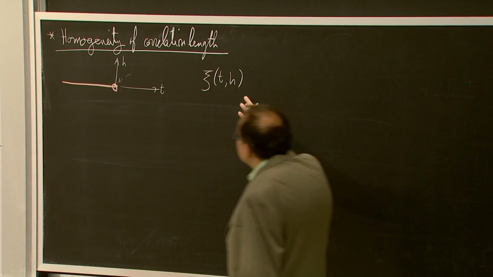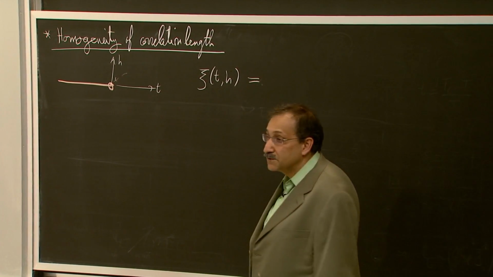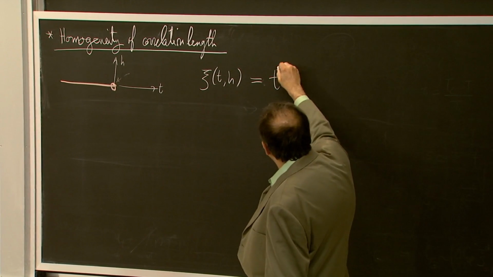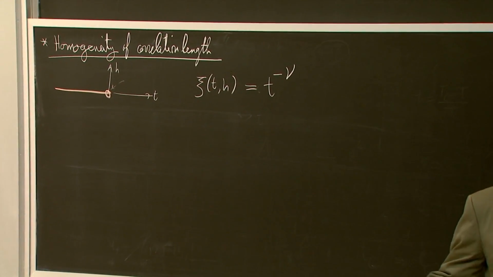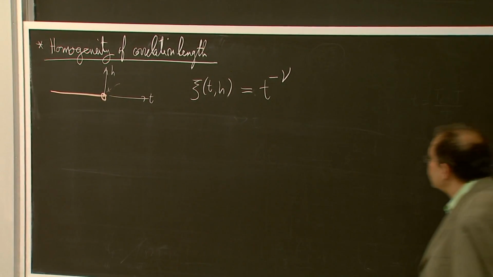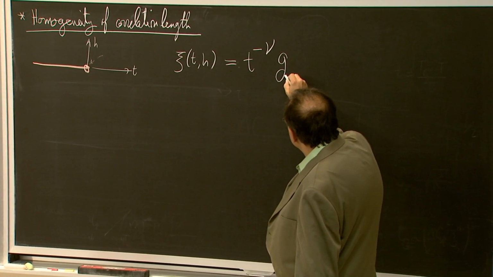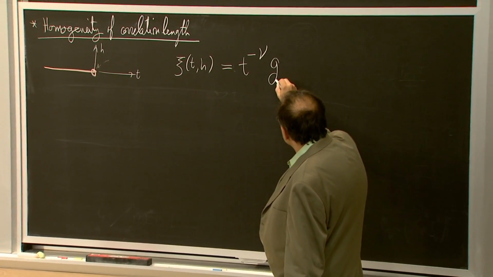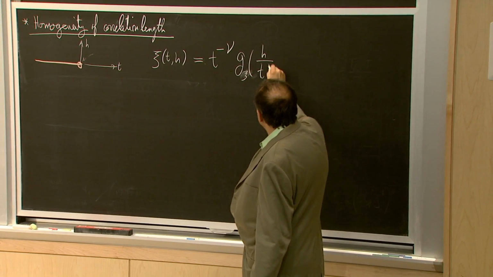I'm going to make the same homogeneity assumption for the correlation length. And again, this is an assumption. I say that this is t to the minus mu. The exponent mu was the divergence of the correlation length. Some other function, it's not that first g that we wrote, let's call it, I don't know, g psi of h over t to the delta.